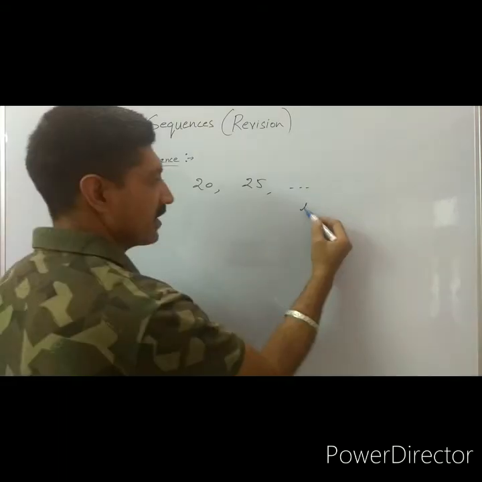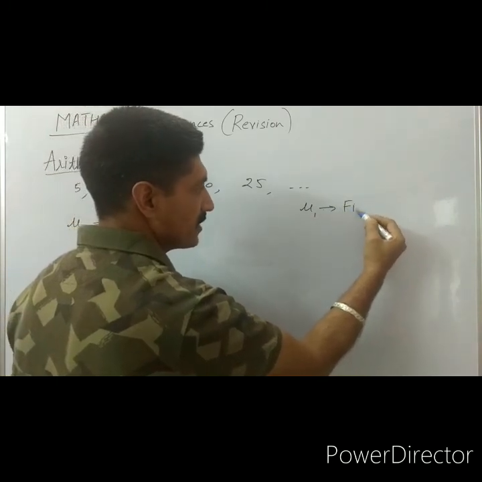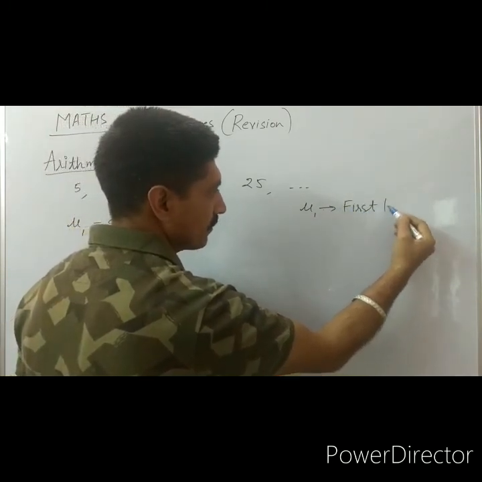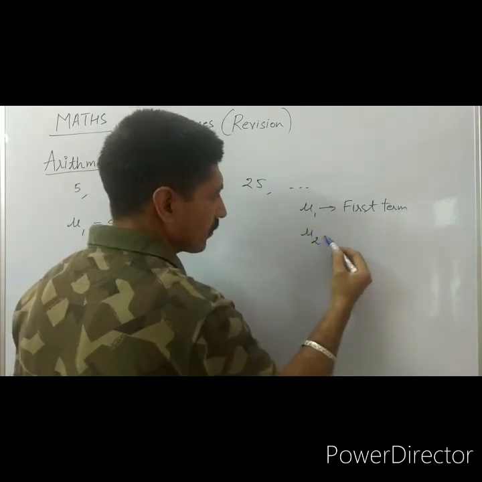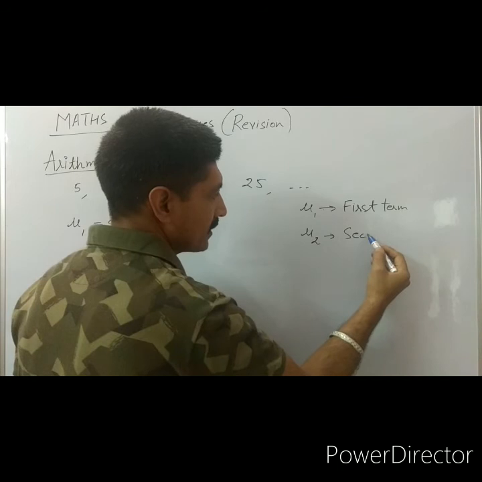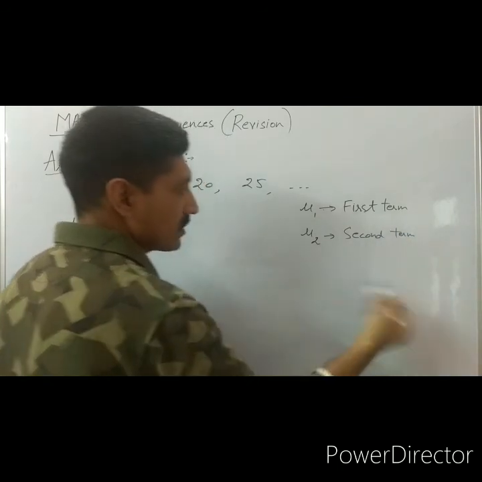As we have discussed, u1 is the first term of the sequence, u2 the second term, u3, and so on.